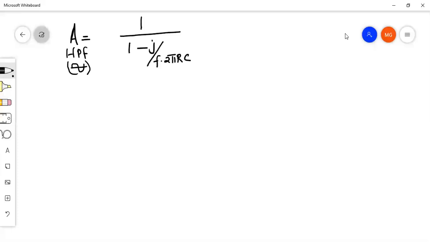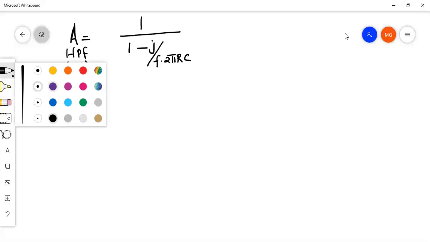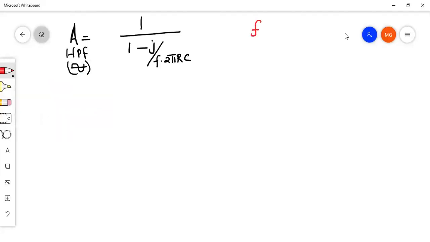This is what we derived in the previous slide. Here I am giving one substitution: f1 equal to 1 divided by 2 pi RC. This f1 is called the cutoff frequency of the high pass filter.